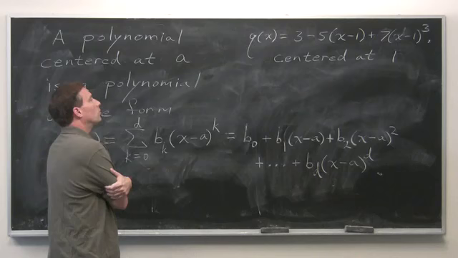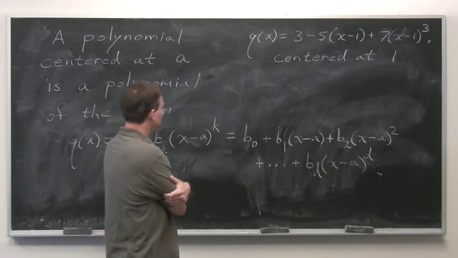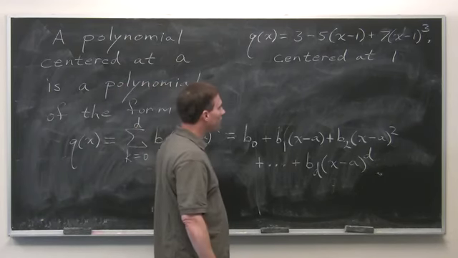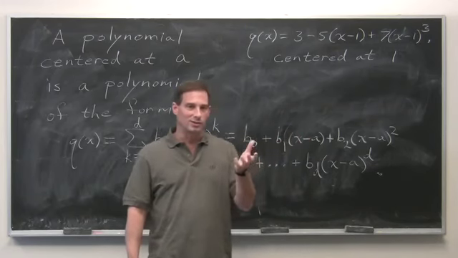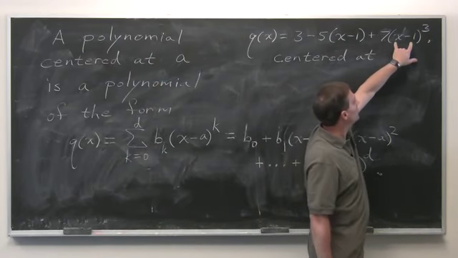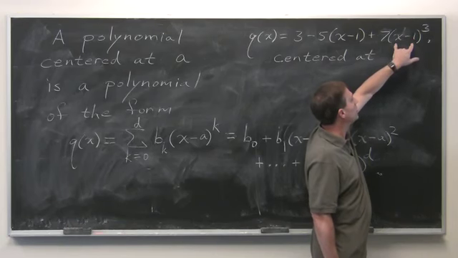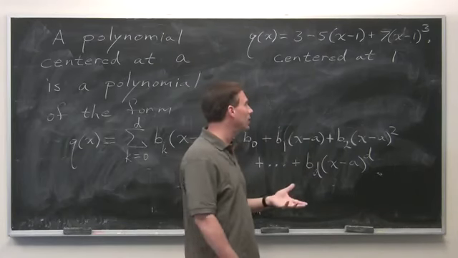All right. What's so nice about polynomials centered at different places? Well, what's true now is that just like powers of x, when x is close to 0, higher powers matter less. Higher powers of x minus 1 matter less when x minus 1 is close to 0. But that means x is close to 1.